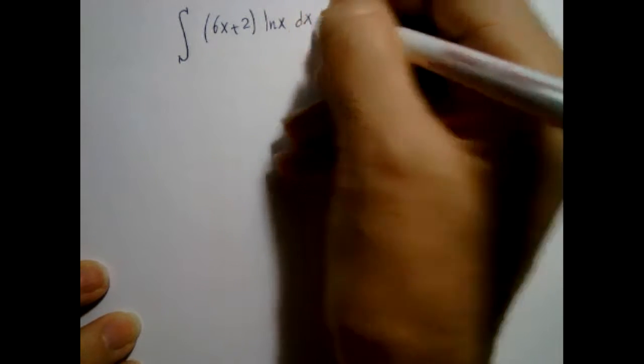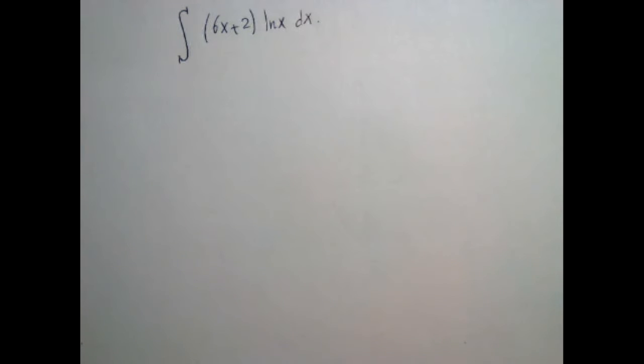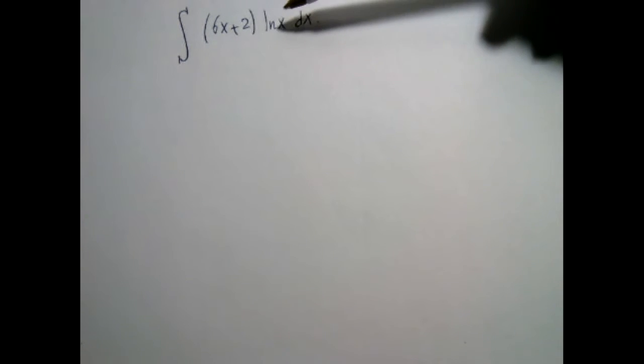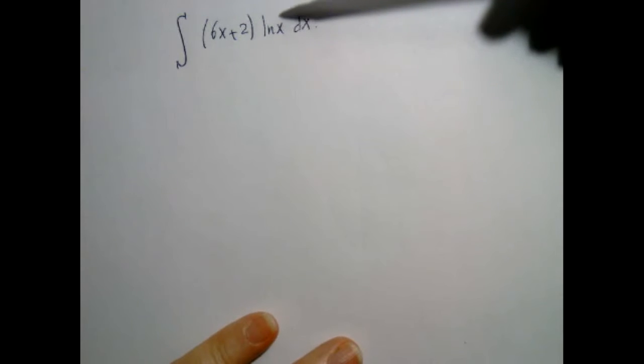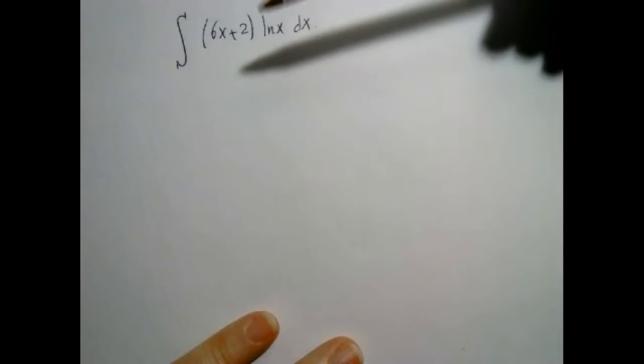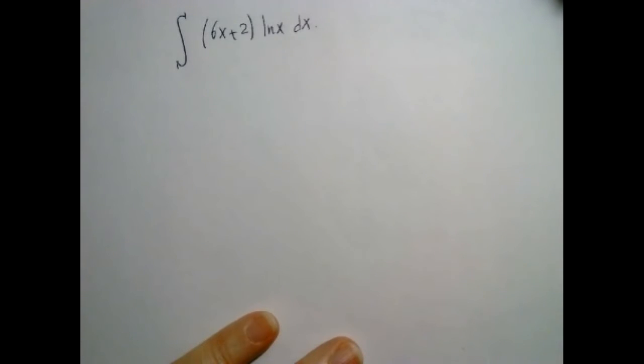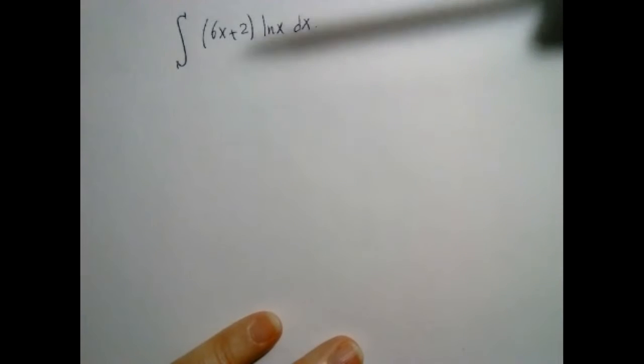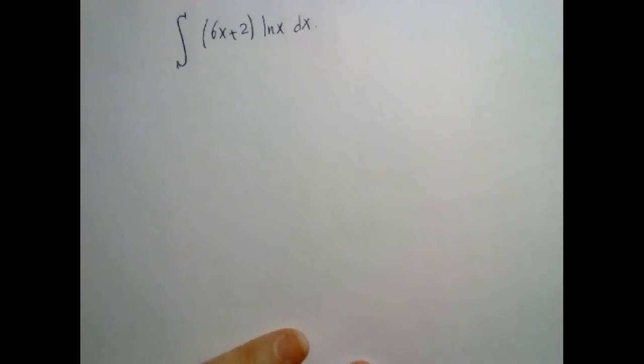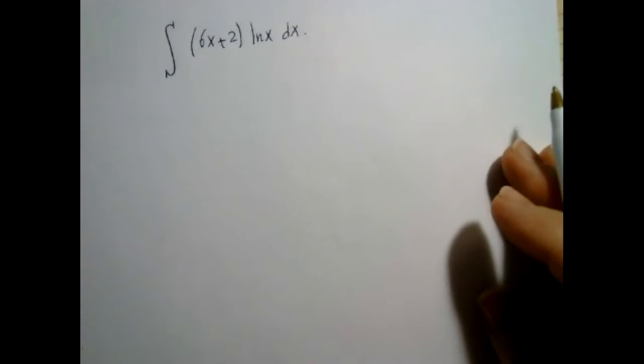Usually we use integration by parts when we have ln of x times something, e to the x times something, cosine x times a function of x. And if you have ln of x itself, tangent inverse, sine inverse, that's where we use integration by parts. So let us try this one. There is no other way but integration by parts.